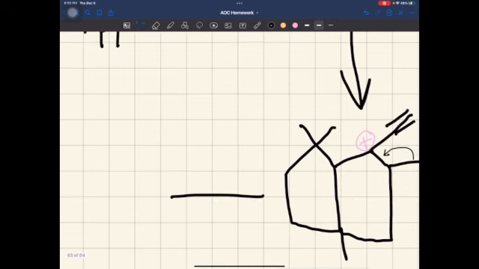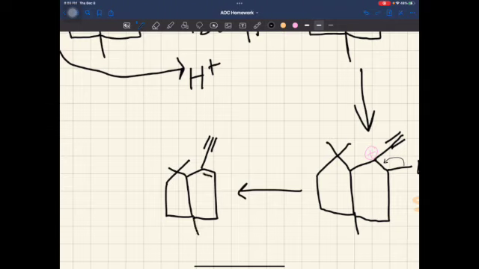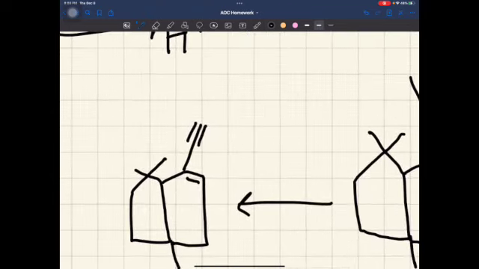So what we have is a compound that looks like this. And then we have our pi bond here, and we have that right there. So from here, we have this triple bond, and I'm going to put a CH here, and then this is a carbon right here as well.